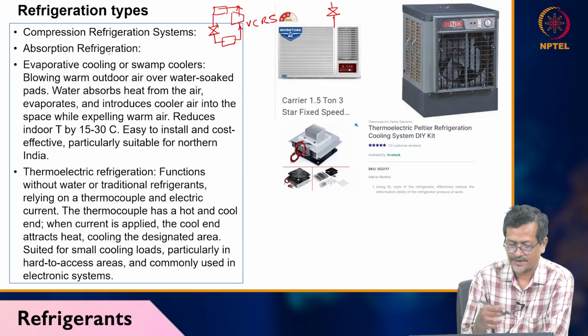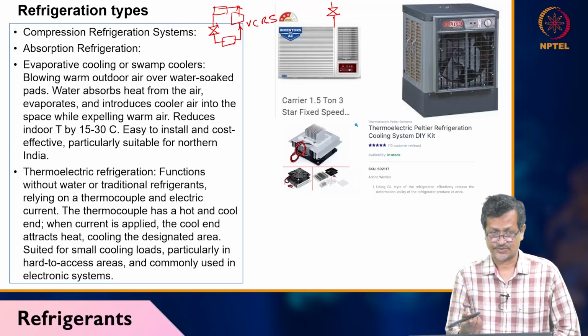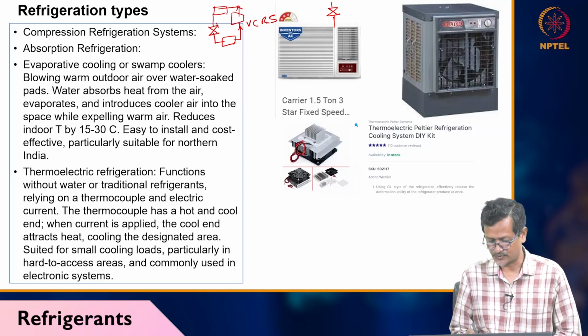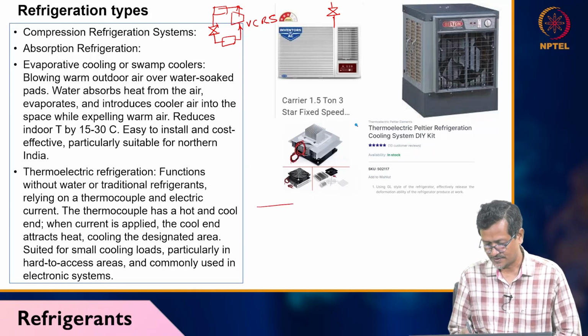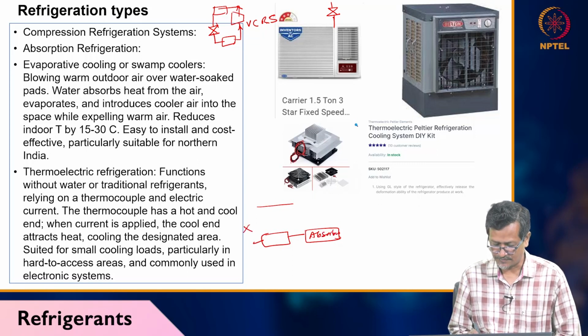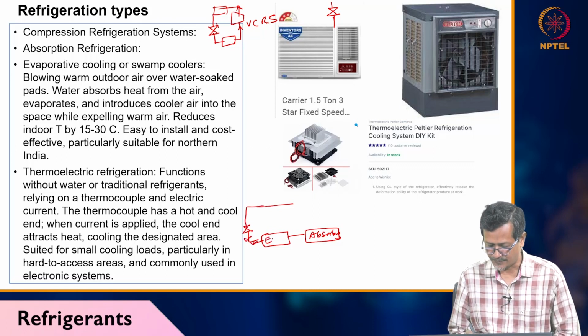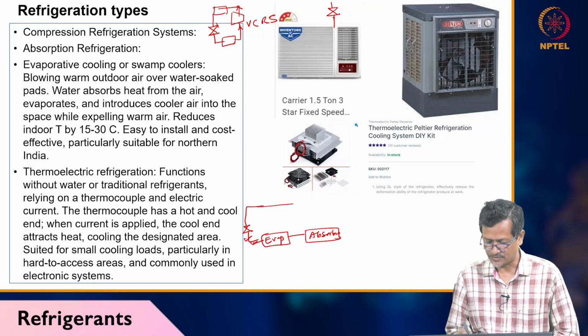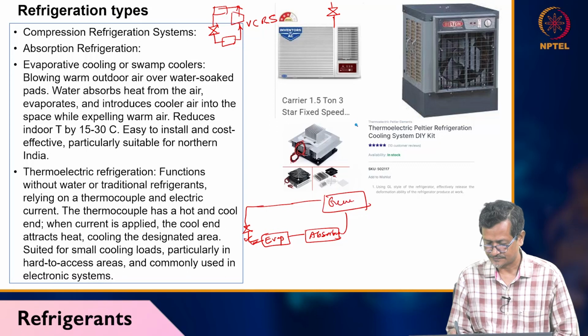Another system is called the vapor absorption system, where we can use water also as a refrigerant. How does the system look? It has an evaporator, then the refrigerant goes to an absorber, then there is one throttle valve; from the evaporator it goes to the absorber, then from the absorber to the generator, and there is one pump.